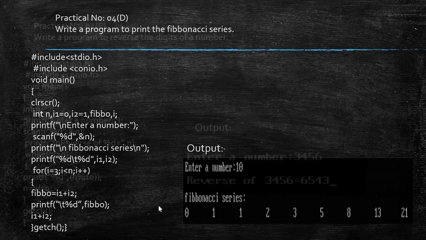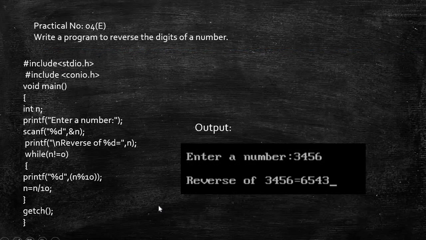Now I will move towards the next program, that is reverse the digits of a number. Over here, whichever number the user enters, it will reverse that number. This is the formula, or you can say the process, which we have used over here, that is a while condition.